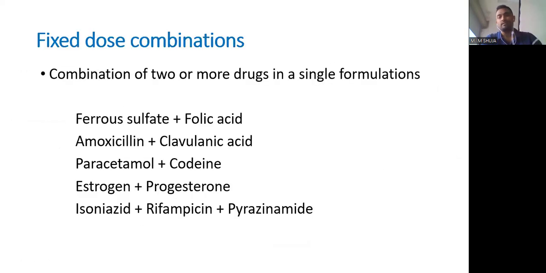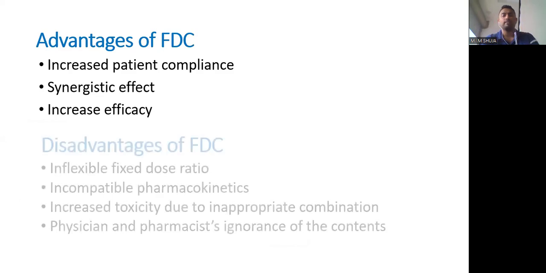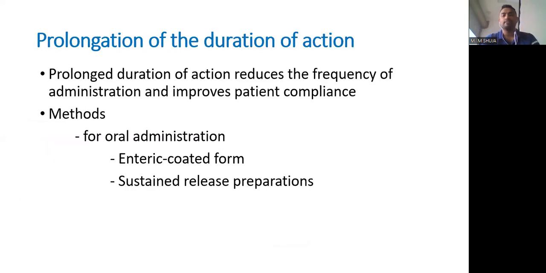So there is a fixed dose combination. Rather than a single drug, you give a fixed combination to increase the efficacy or bioavailability of the drug. So advantages, disadvantages, just go through. How to prolong the duration of action? There are a few methods.